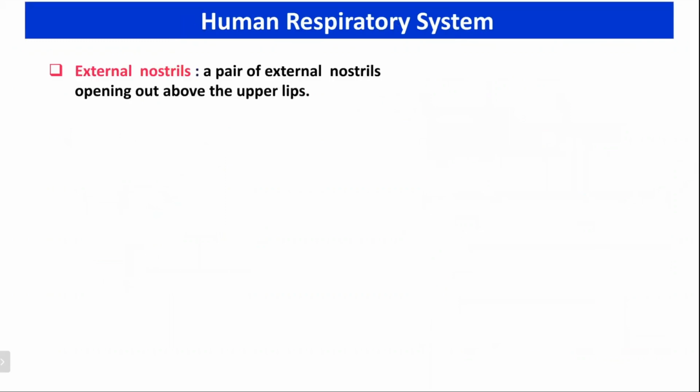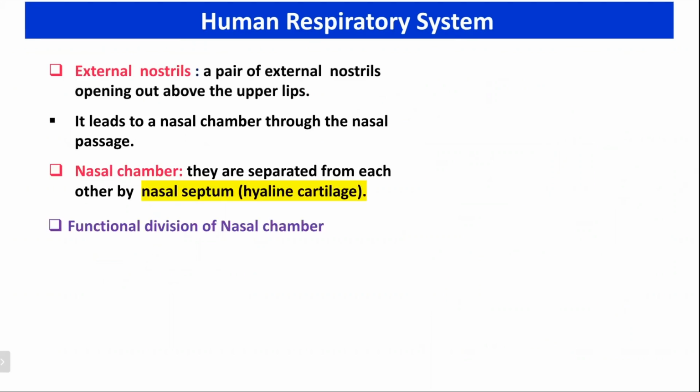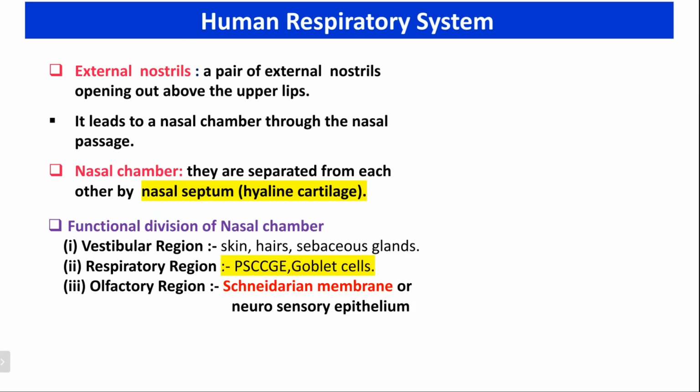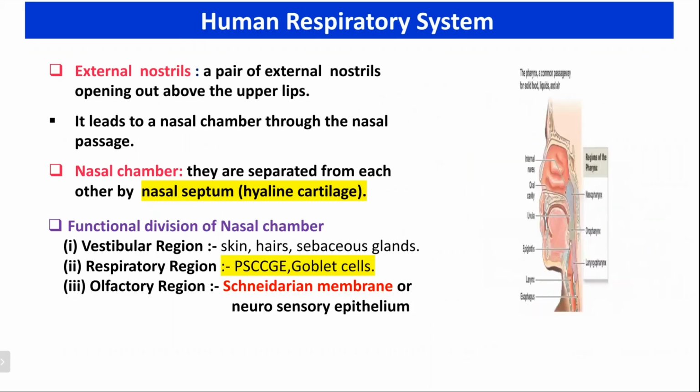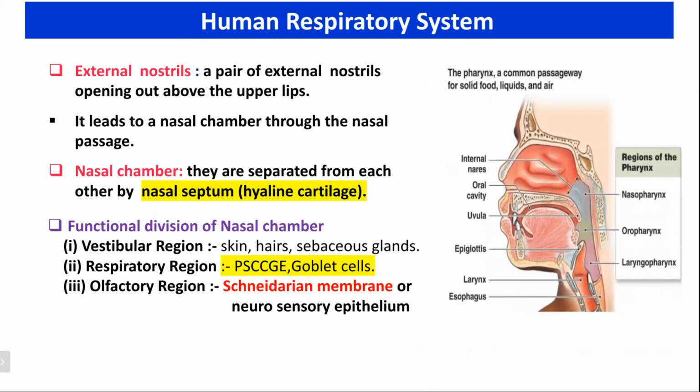Now let us try to understand one by one. As I told you just now, you can see on your screen. So this is the upper part of human respiratory system. And those things we are going to discuss here in detail. Let us see one by one.